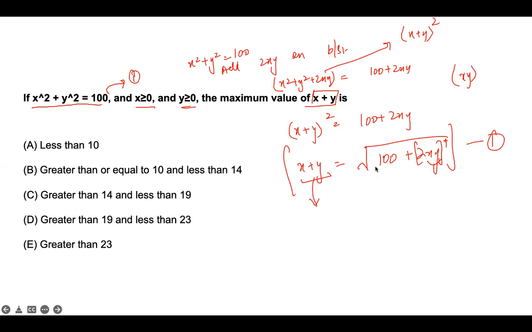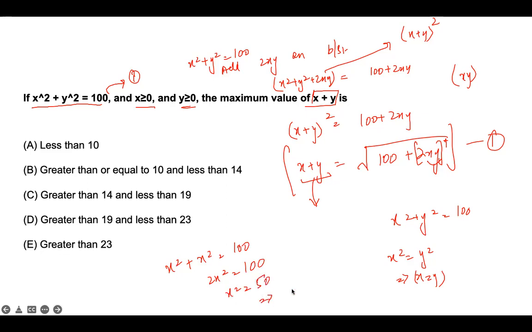And this is only possible if x is equal to y. How can we do that? If x is equal to y, this will be x square plus x square is equal to 100. This will be 2x square is equal to 100. This will be x square is equal to 50.